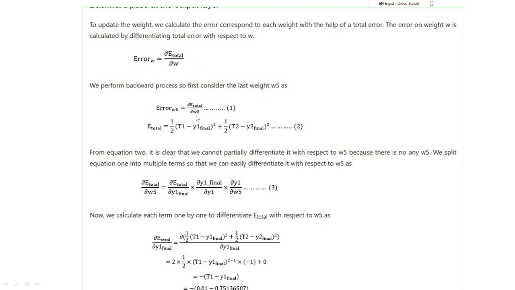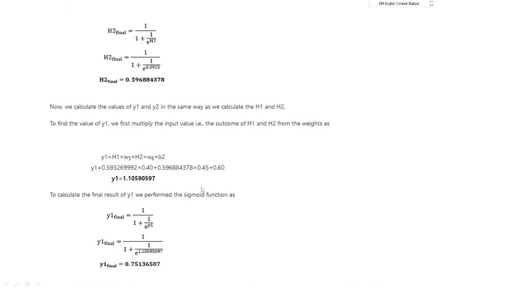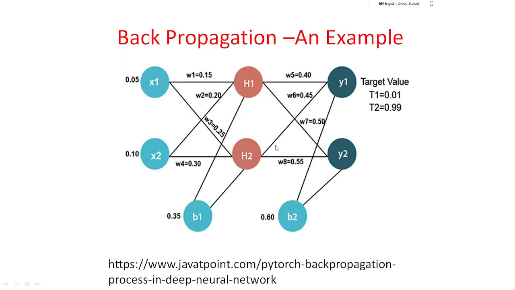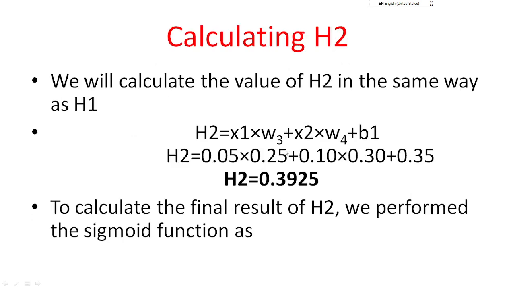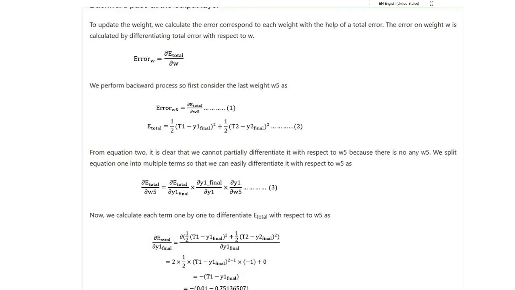We have considered w5 alone. ∂E_total/∂w5 we can write, applying the chain rule, as ∂E_total/∂y1_final into ∂y1_final/∂y1 into ∂y1/∂w5. y1_final is the activation of y1, the pre-activation. So first you express it in terms of y1_final, then y1, then w5.